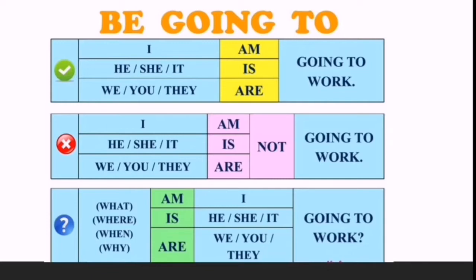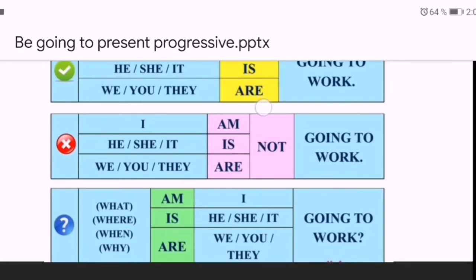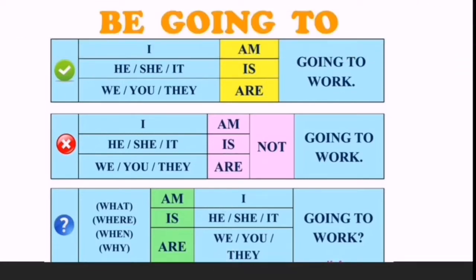If you say I, you say am. He, she, it with is. We, you, and they with are. That is the auxiliary. And then we're going to say always going to. So the verb to be conjugated in present and going to.